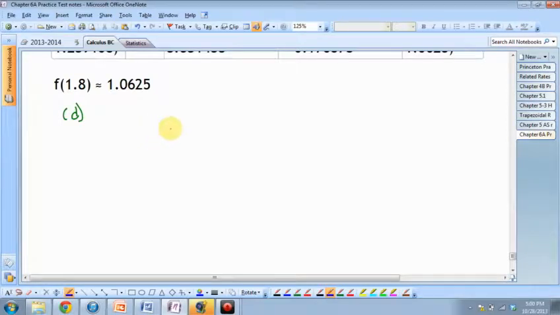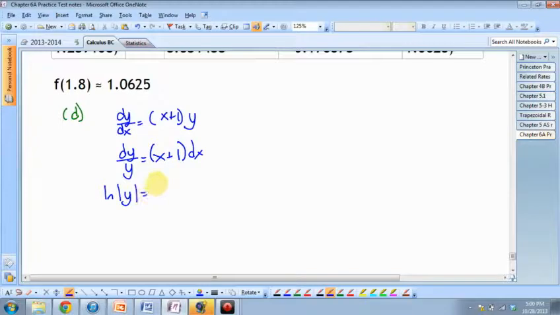dy dx equals x plus 1 times y. That means dy over y equals x plus 1 dx. Natural log of the absolute value of y is 1/2 x squared plus x plus constant. Let's check.